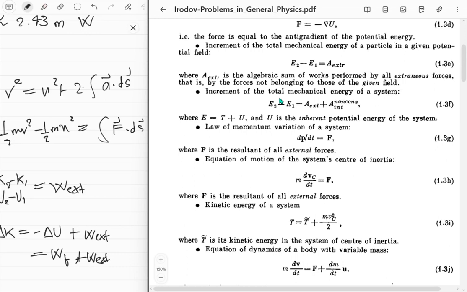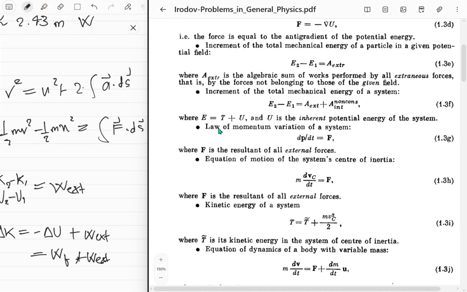Without defining a zero mark, it can still be calculated. There's only one such energy, kinetic energy. Yes, kinetic energy is the only such energy. So I always like to think about kinetic energy whenever doing the work energy theorem. But yeah, mechanical energy itself is also good because this works.